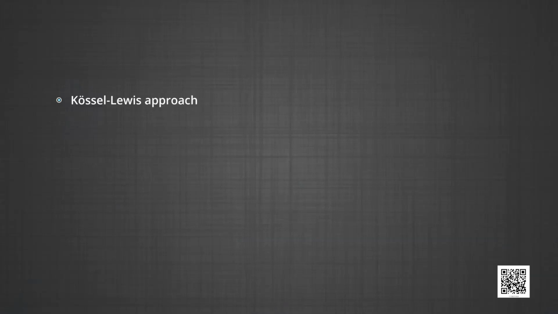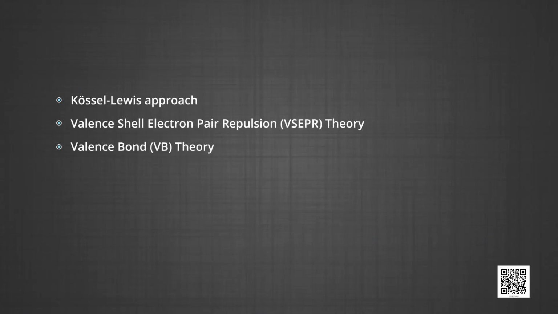To answer such questions, different theories and concepts have been put forward from time to time. These are Kossel-Lewis approach, valence shell electron pair repulsion theory, valence bond theory and molecular orbital theory.